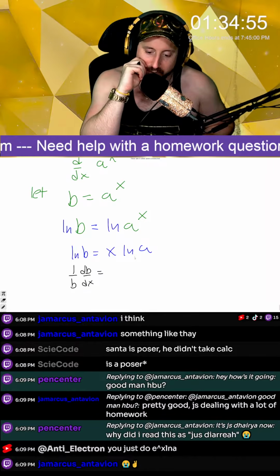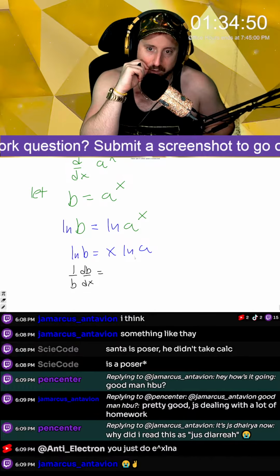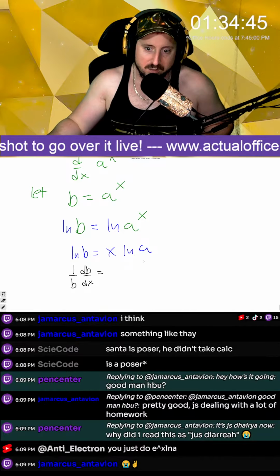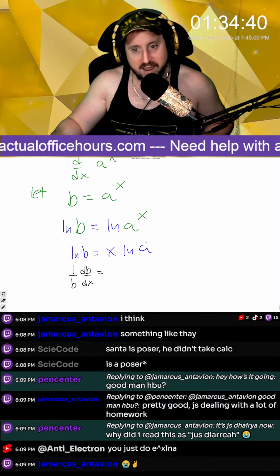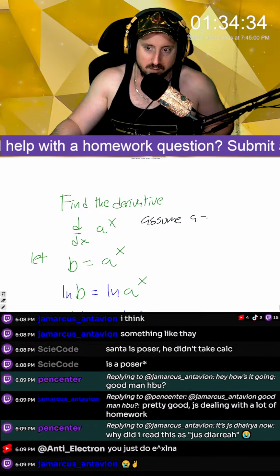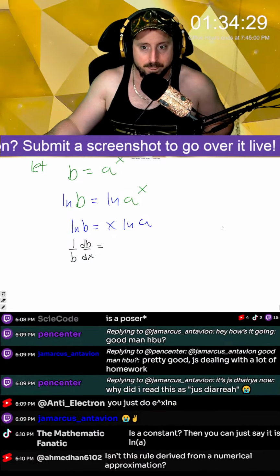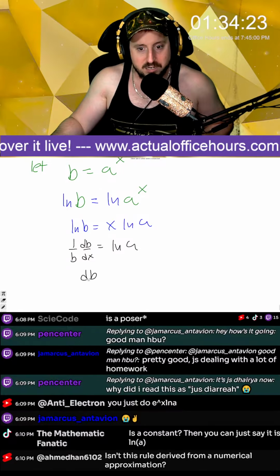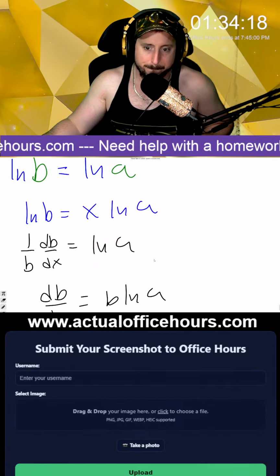I think it's a cool way of doing it with ln's though, because then I'm going to solve for what db dx is. Oh, a is a constant though, right? Yeah, we assume a is a constant. b is obviously not. Okay, watch, I think this still works. Yes, and then this is just equal to ln of a. Okay, cool. So db dx is equal to b ln of a.